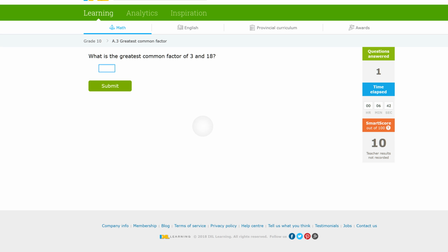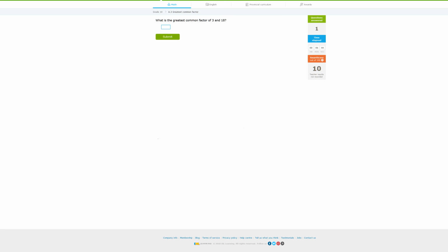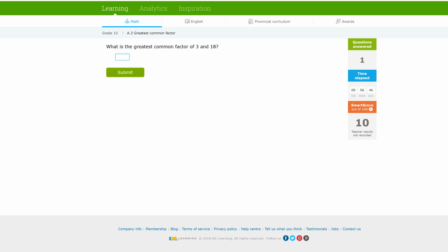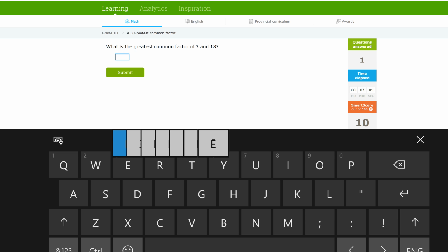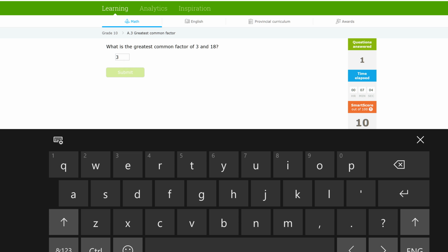So, what is the greatest common factor of 3 and 18? 3 is common, right? 3 is dividing both of them. And 3 is the greatest common factor. 3 divides both of them. So, well done. And next is, what is the greatest common factor of 5 and 15?